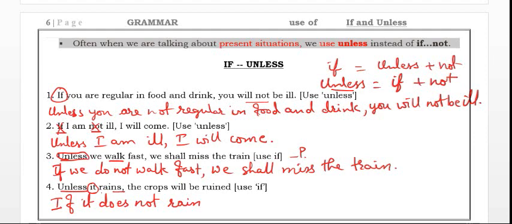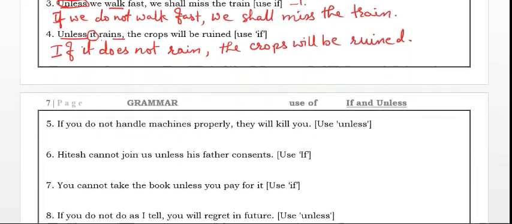So if it does not rain, the crops will be ruined. Okay. Let's go on to the next one.